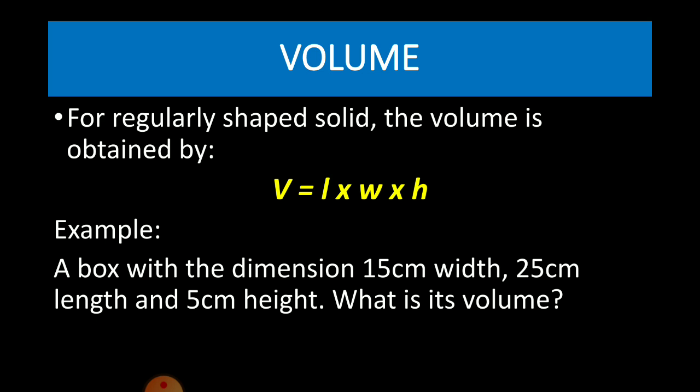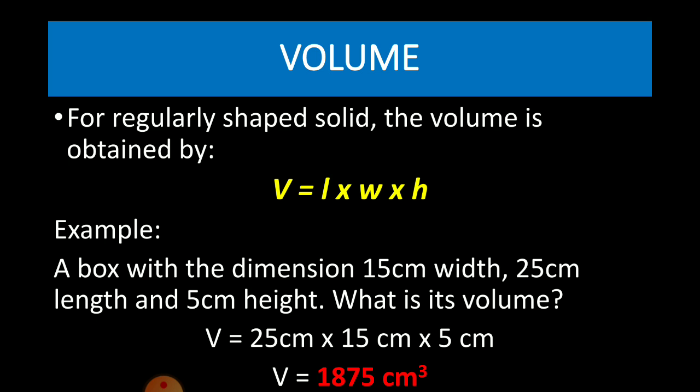So we have a width of 15 cm, a length of 25 cm, and a height of 5 cm. To get its volume, we just have to multiply its length, width, and height. So that is 25 centimeters times 15 centimeters times 5 centimeters, which is equal to 1,875 cubic centimeters.